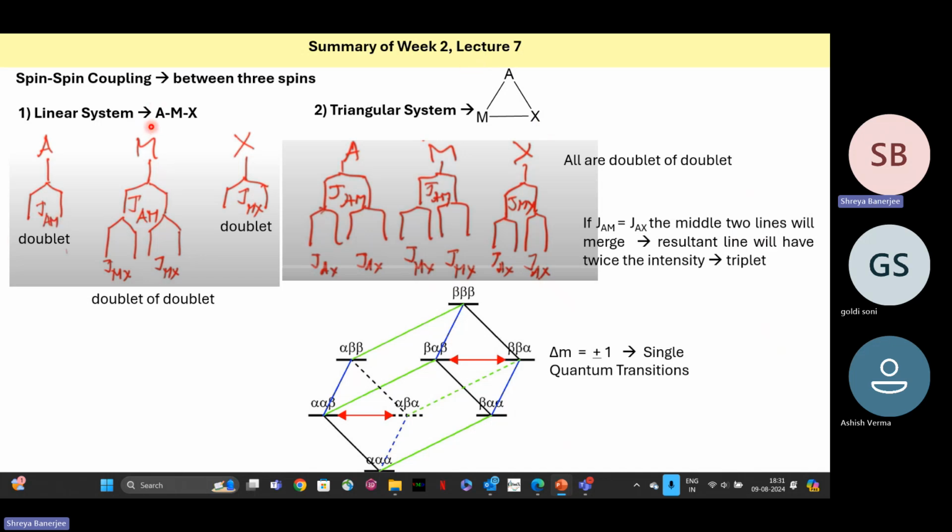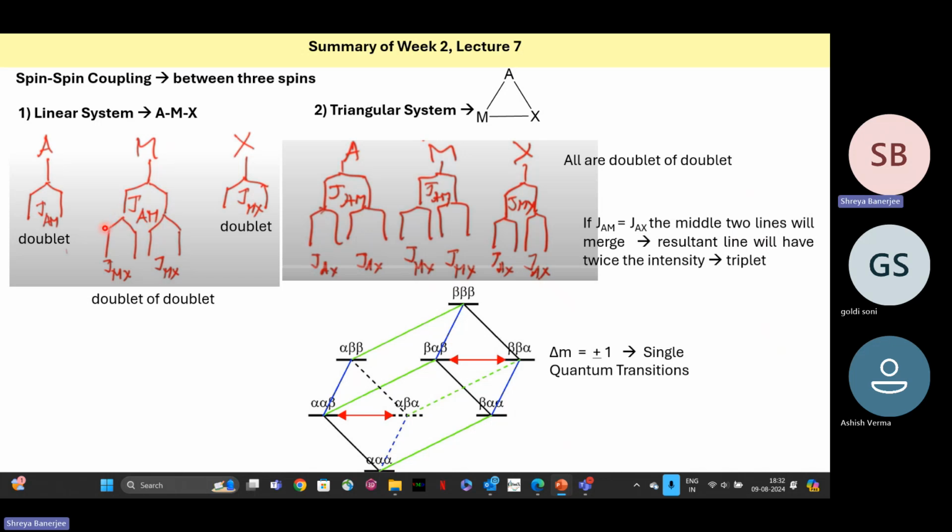In the linear system, proton A will be split by proton M into a doublet, because when there is one proton interaction, it will split into a doublet. And the splitting constant we'll call JAM because it is A interacting with M. Similarly, M will split into 2 because of A, and again the splitting constant will be JAM.